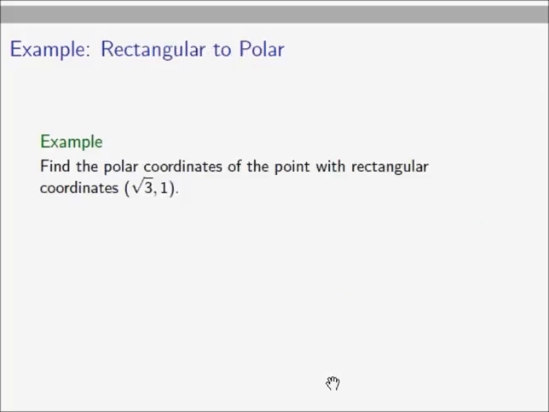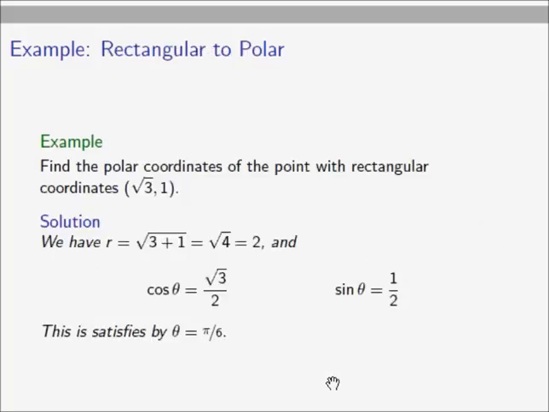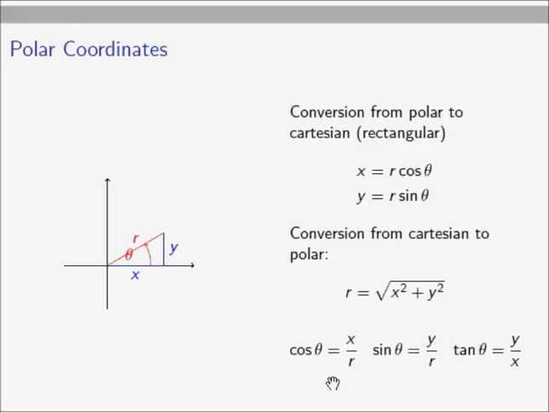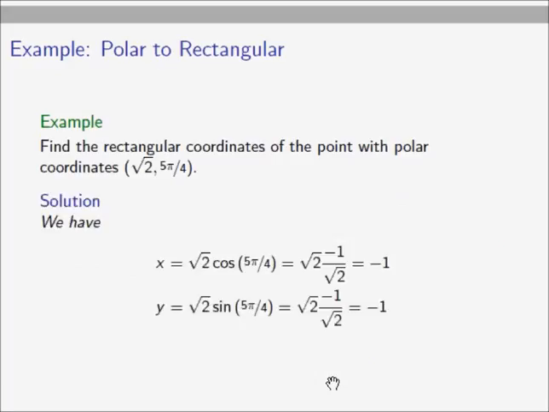So this is how we solved it. R is equal to the square root of 3 squared plus 1 squared, and we get the answer, that is 2. And in order to find theta, I have shown you two ways to find the theta over here, cos theta and sin theta. So cos theta, as it is said over here, is x by r.